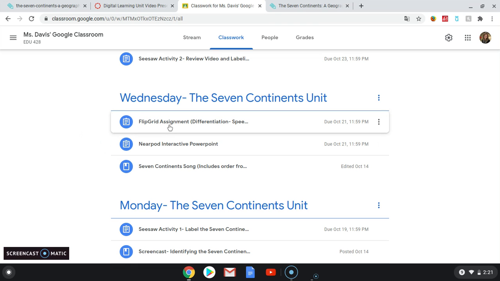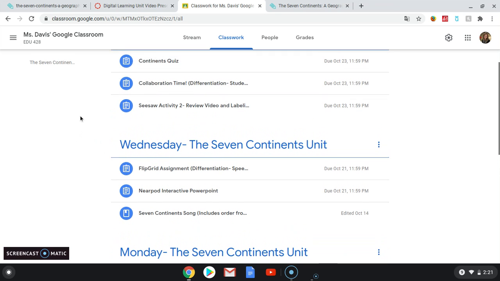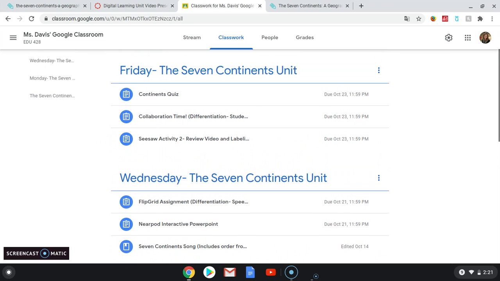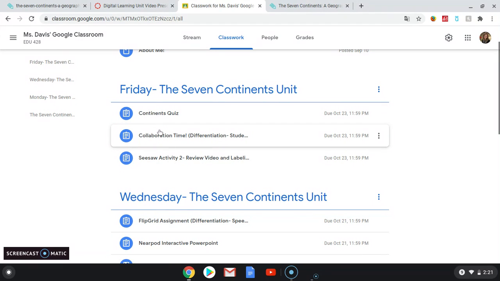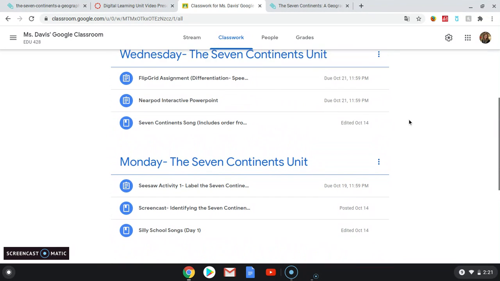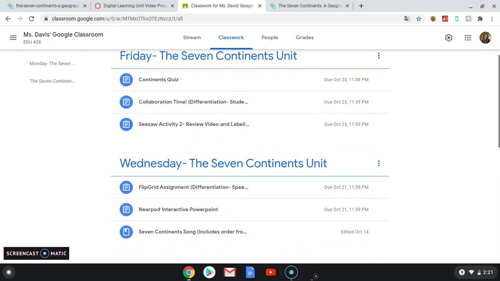The Flipgrid assignment, to know that they're learning more conceptual knowledge about each continent. And then the Seesaw activity on day 2 was another labeling, like the one on the first day. And that could give me a good idea of how much they progressed throughout the week.